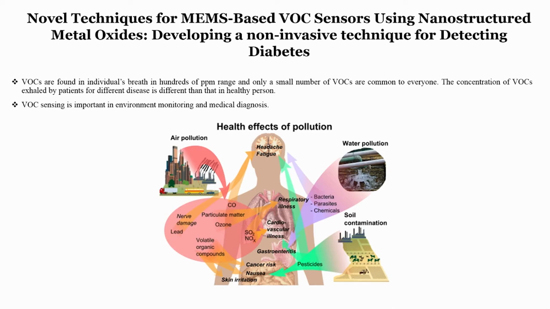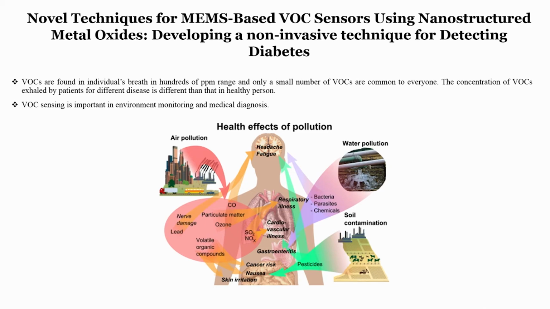VOC sensing is important in environmental monitoring as well as medical diagnosis. So, what are the health effects of pollution, right? First is air pollution, where the quality of air is not good. What kind of effects can there be? It can be nerve damage, cancer, nausea, skin irritation.